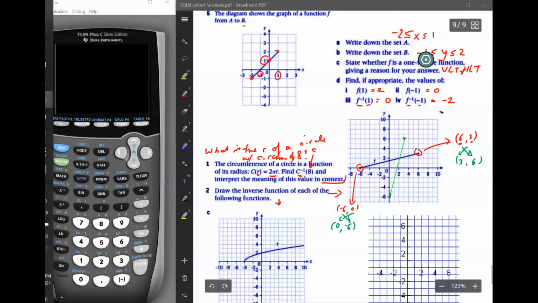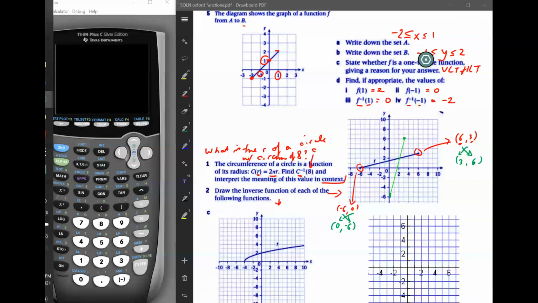Now what you can do is you could do the regular thing of looking for it on the horizontal axis and going up and then seeing what the y value is. Okay, so if you're using the regular function to find inverse function values, you start with the y-axis. If you're using the inverse function to find the original x values from y values, then you just use the x axis.